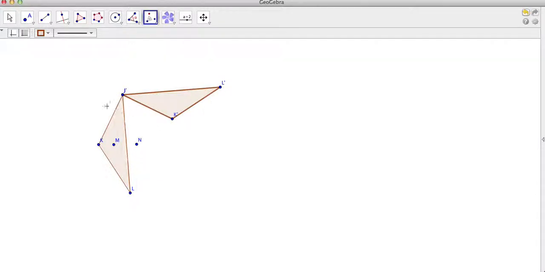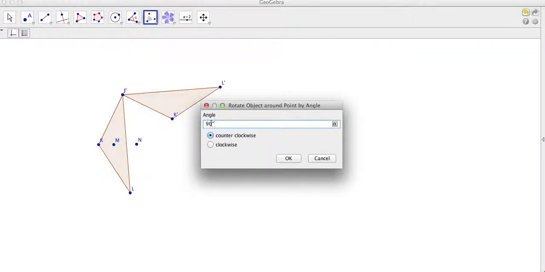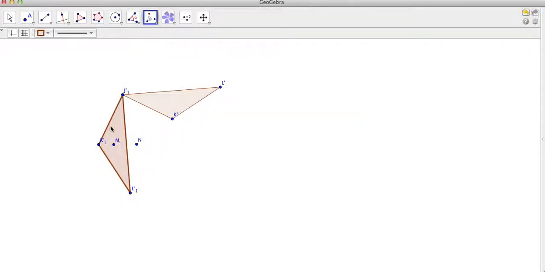If you rotate an object 360 degrees, it would come back to the original object. If we rotate this 360 degrees, it would overlap the original.